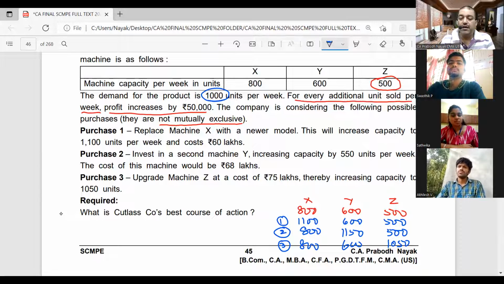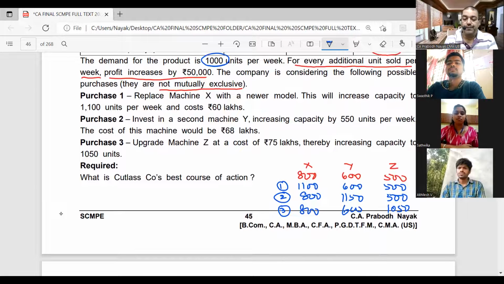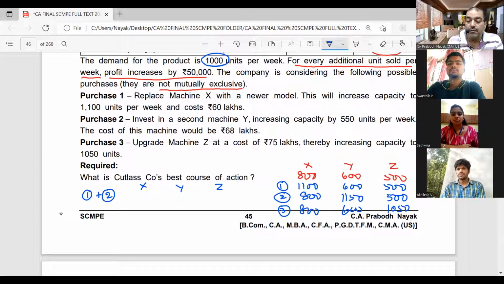So let us see if I combine, if I get any results. I'll just work it out below. I combine option 1 and 2, 1 plus 2. What will happen? In option 1, my X capacity increases to 1100. In option 2, my Y capacity increases to 1150, but Z remains as it is, 500.